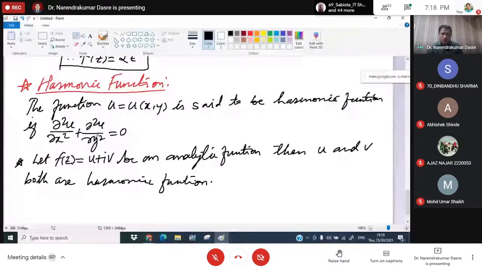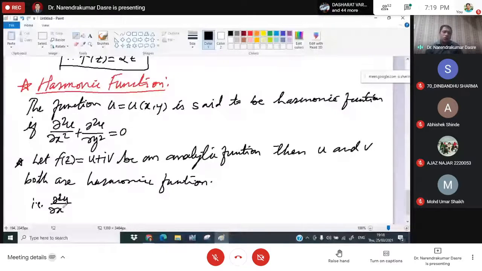So that is ∂²u/∂x² plus ∂²u/∂y² is equal to 0, and ∂²v/∂x² plus ∂²v/∂y² is also equal to 0.